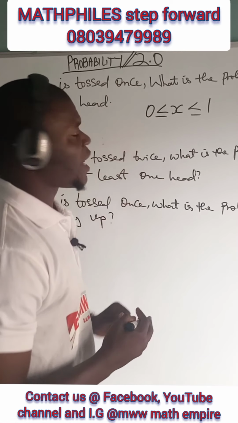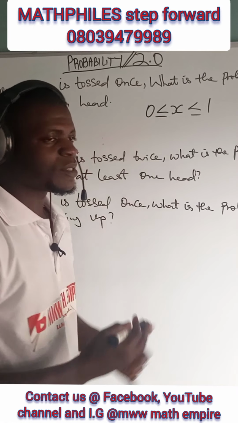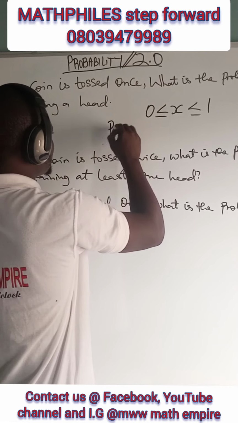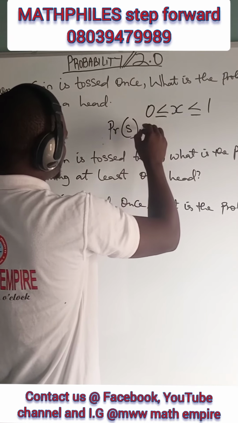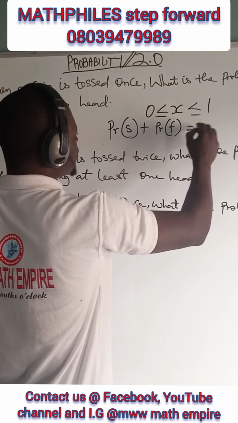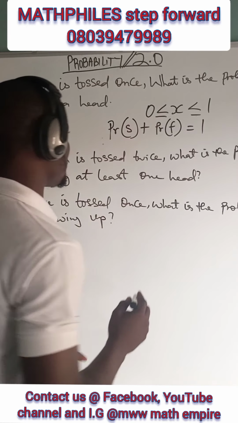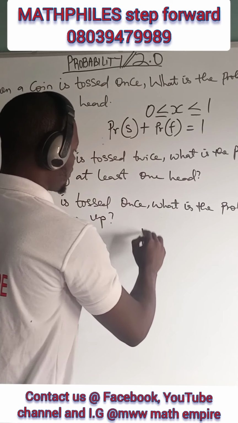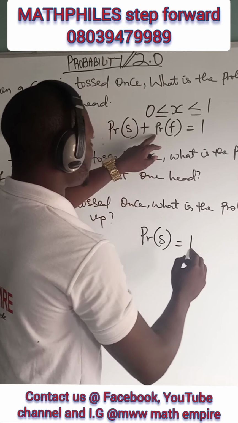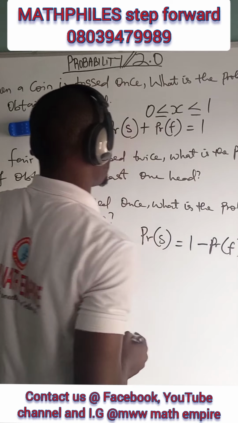Now, this x here represents the probability of any event happening. The probability of obtaining success plus the probability of obtaining failure is equal to 1. If I make the probability of success the subject of the formula, it will be 1 minus the probability of obtaining a failure.